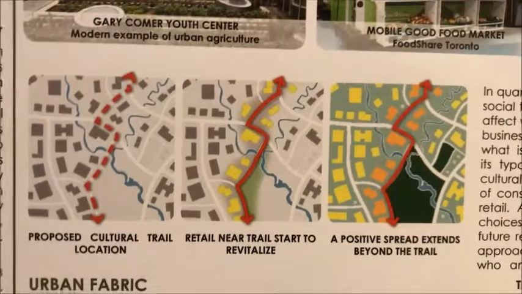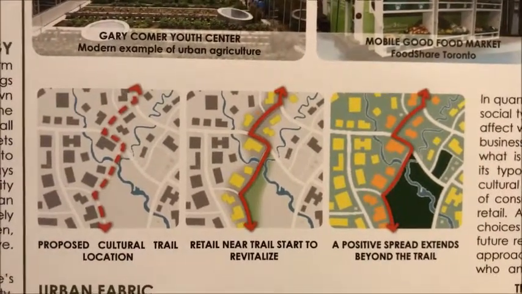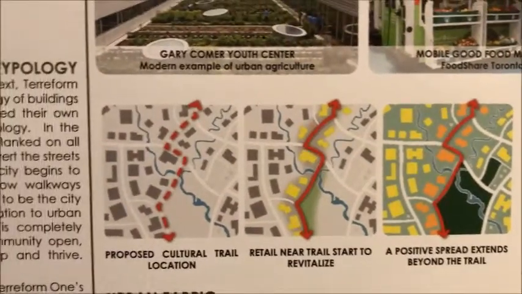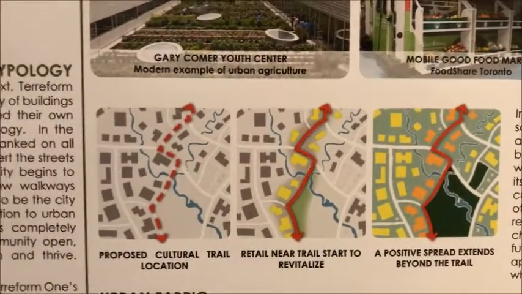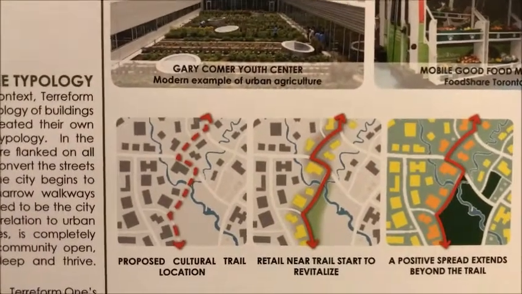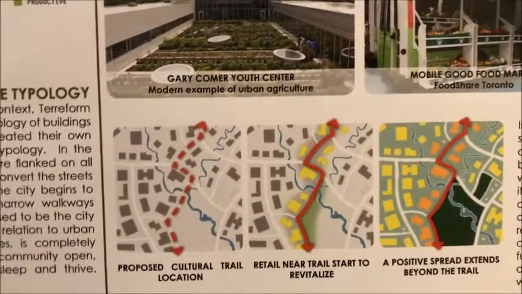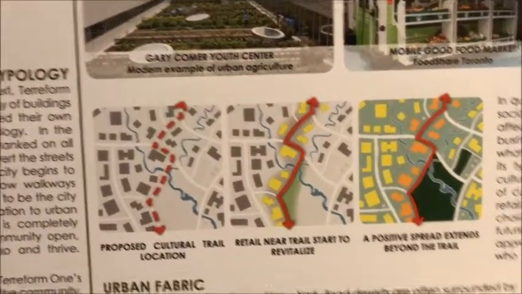By introducing a cultural trail through the neighborhood, a new group of consumers can pass through and shop at local retail. Adding green space encourages healthy lifestyle choices that benefit both the existing community and future residents. Reverse typology can take a different approach of understanding what is successful by shifting who and how patrons utilize a community's assets.